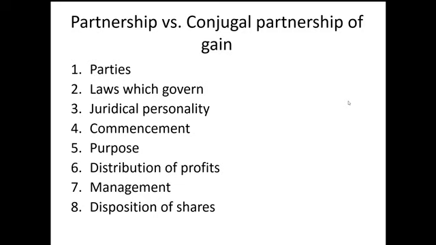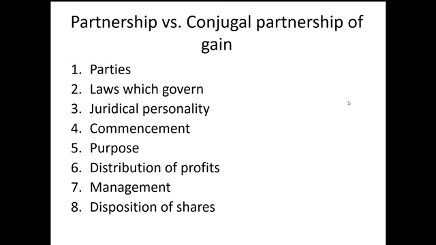In other words, yung commencement ng legal personality ng partnership is subject to stipulation. But in a conjugal partnership of gain, it will commence at the time of celebration of the marriage. In fact, a stipulation between husband and wife that the conjugal partnership of gain will commence at some other period is null and void.